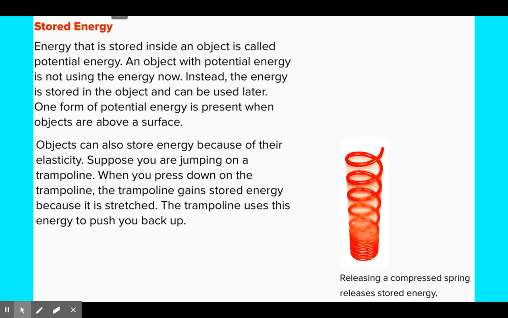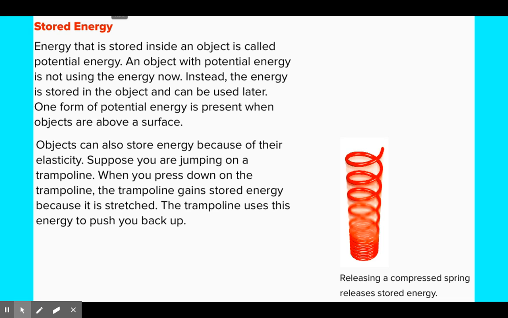Now I would like you to read these two paragraphs that talk about stored energy, and then we're going to discuss it. Let's read the first paragraph. Energy that is stored inside an object is called potential energy, as I discussed before briefly.